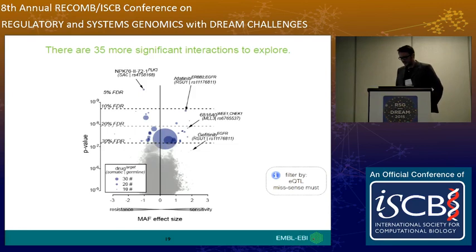And those are 35 interactions, and we filter by eQTL and missense mutations to reduce the number of tests, because otherwise comparing all germline versus somatic would be quite extensive.